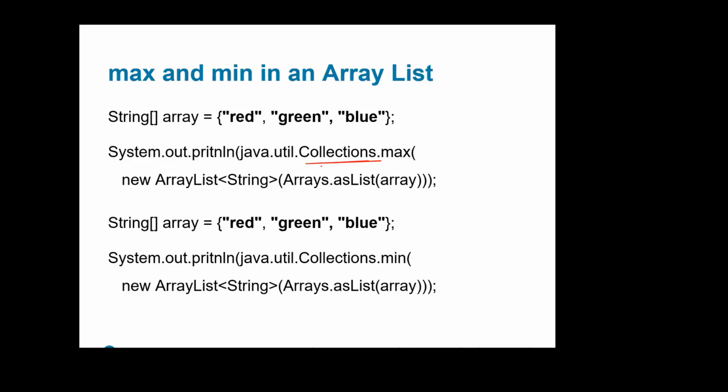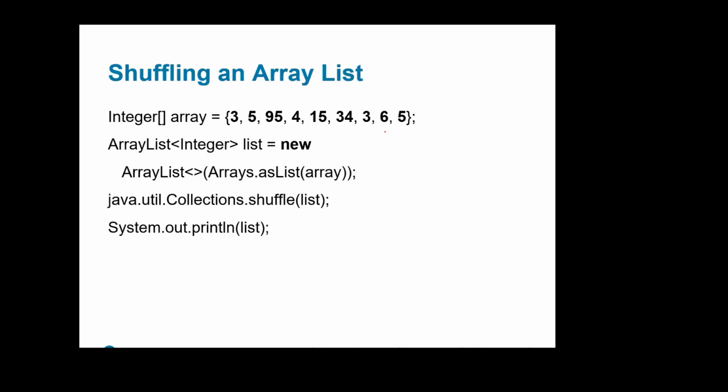So let's say in this particular list, we want to find the maximum number, or we want to print all the elements, or we want to sort. Now here it will sort alphabetically, obviously, but if it is an integer array, it will sort it by its numerical value.